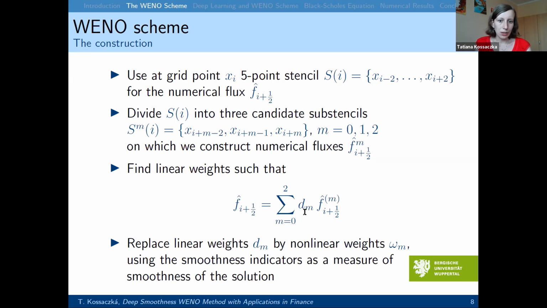But the idea of WENO is to replace these linear weights by nonlinear weights, omega m, and we use so-called smoothness indicators as a measure of smoothness of the solution on each of these 3 candidate substencils. So if one of these substencils contains a discontinuity, the smoothness indicator should tell us about it, and that substencil should, in the ideal case, be eliminated and not used for the final approximation.